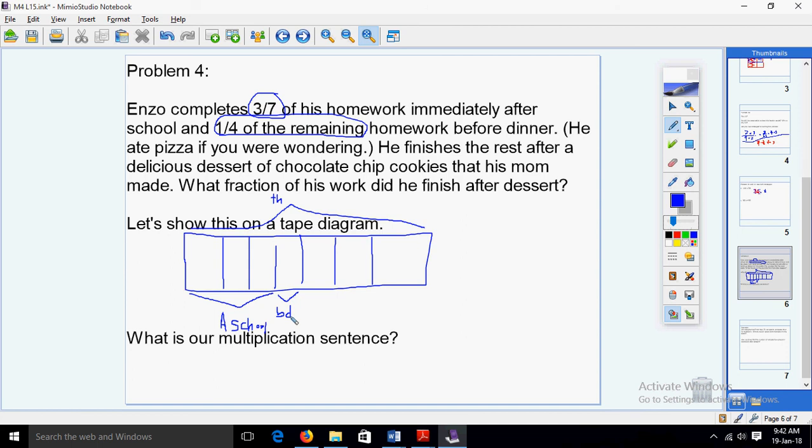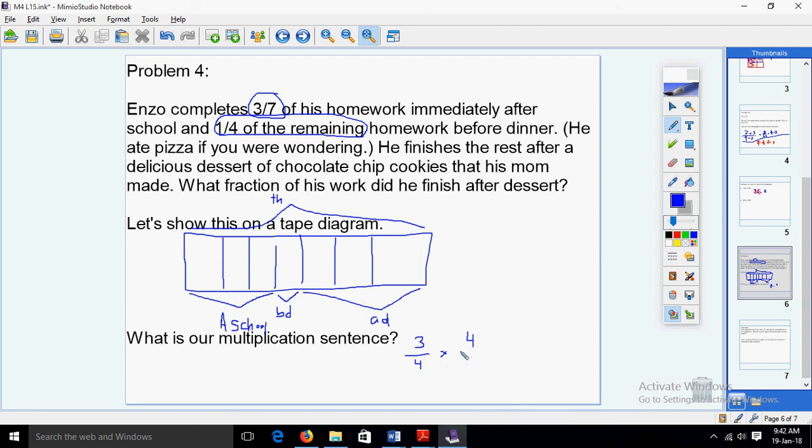And then how much of his homework after dessert? Well, the rest of it. After dessert, AD. So our answer is going to be 3/7. Now, our multiplication sentence is going to look like this: 3/4 of 4/7.